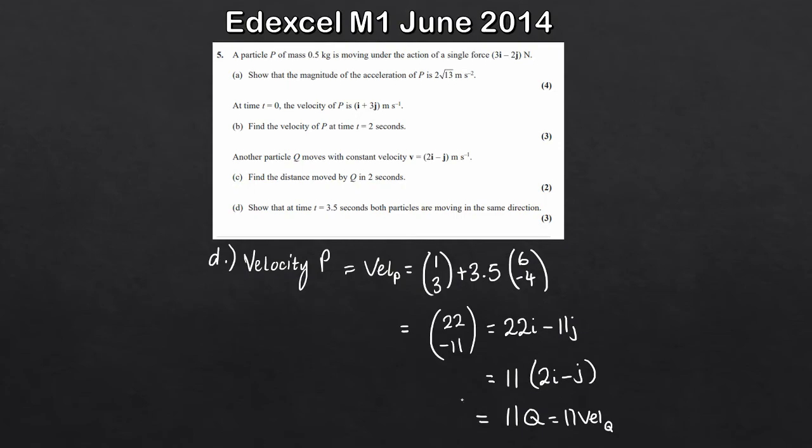So because the velocity of P is just a multiple of the velocity of Q, in that case, they must be moving in the same direction. So therefore, moving in the same direction.